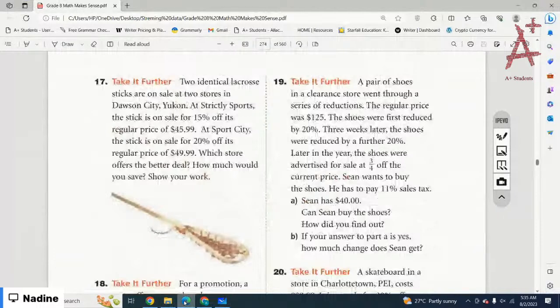Okay, at Strictly Sports, it is 15% off. The regular price is 45.99.